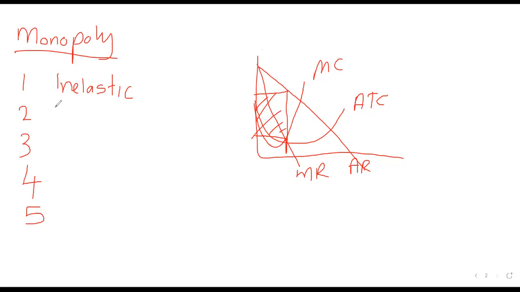What else did we say about monopoly? There is a single seller, one major single seller, correct? What else? Information is imperfect. We don't know what happens. High barriers to entry, correct?